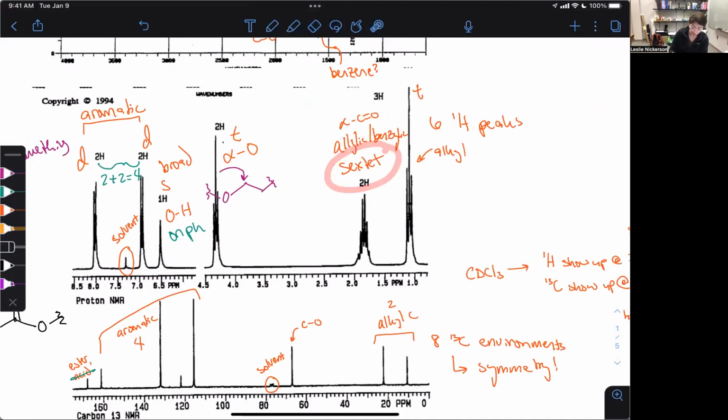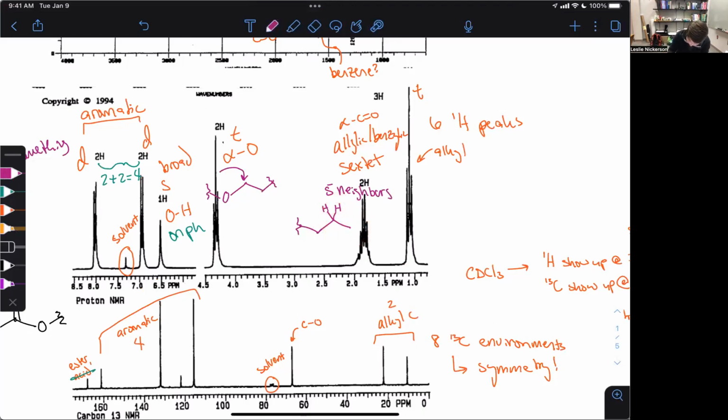If we keep going with some more of these splitting patterns, our sextet is going to have 5 neighbors. Again, it's another 2H peak, so it's probably a CH2. So we'll start with a CH2. 5 neighbors, the easiest way to get to 5 is going to be a 2 and a 3. So we can have a CH2 right here, CH3, and then those 2 H's in the middle are going to have 5 neighbors.